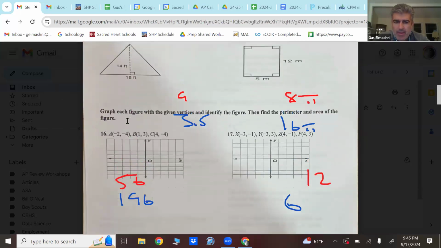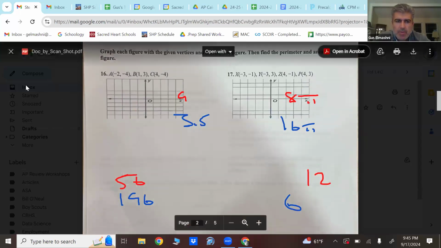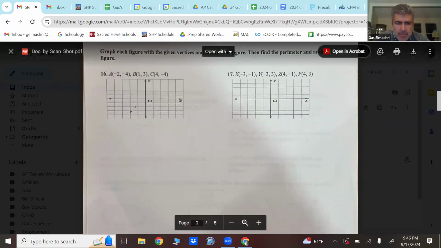Here, I know you can do this, I'm not gonna waste time. But here, this is a little tricky. Like -2, -4 is right here. Now, fortunately, these are the same y values. That's 6. And that's a height of 7.